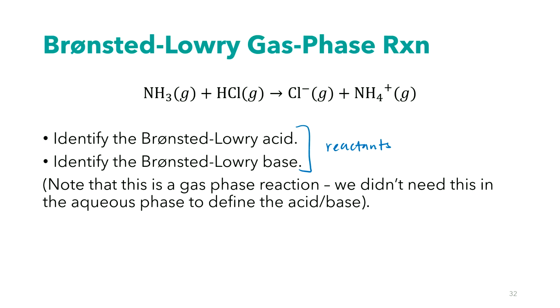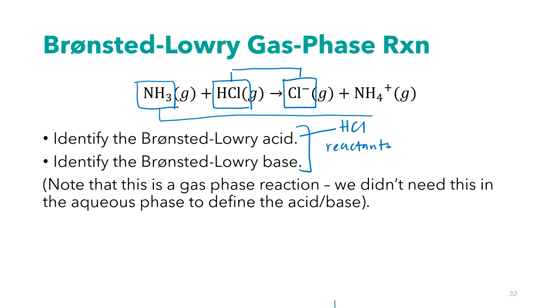So who gave up a proton? I compare across the reaction arrow. HCl became Cl minus. It lost its proton. It must have given it away. So HCl was my acid. NH3 became NH4 plus. Therefore, NH3 was my base. It accepted that proton. It took it.